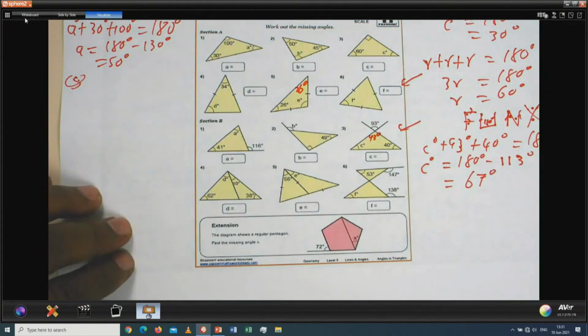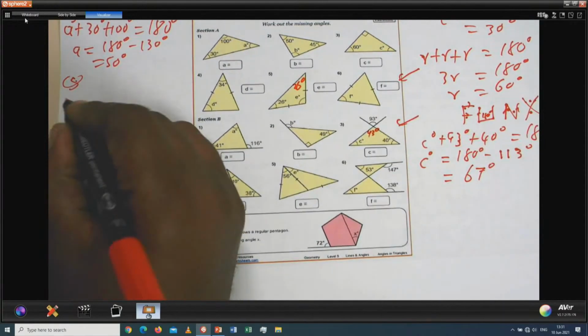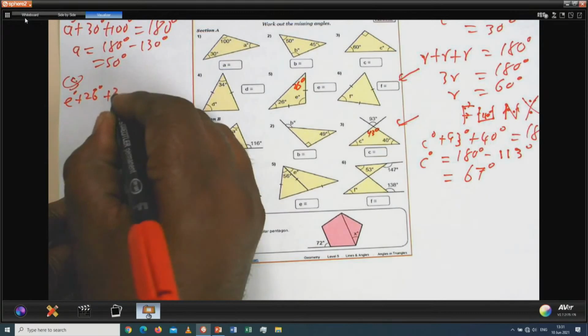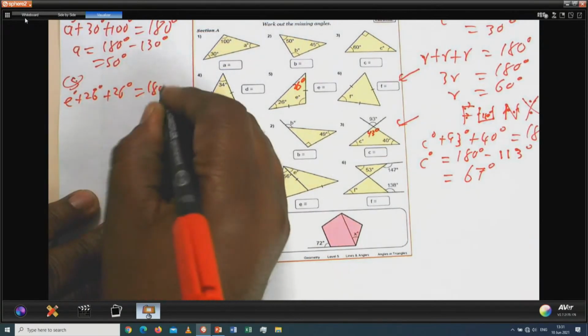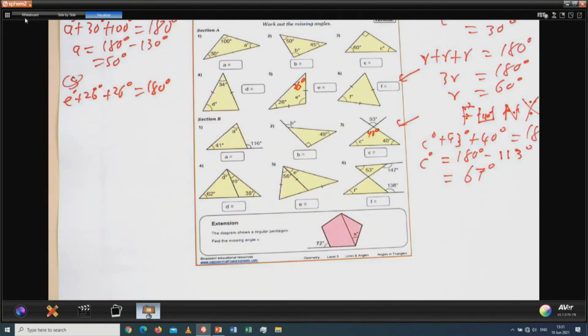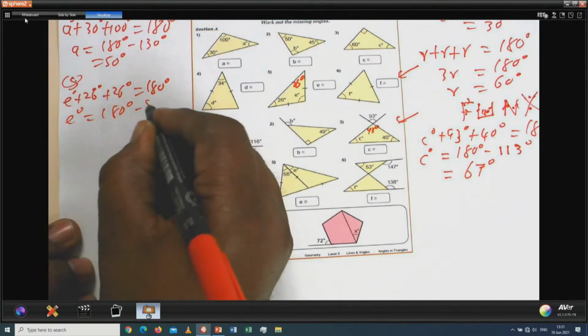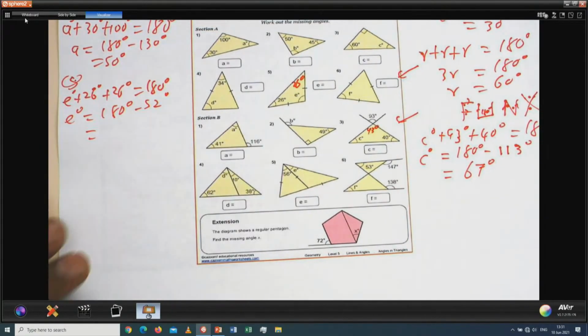Properties: you know for a fact that E degrees plus 26 plus 26 will be equal to 180 degrees. Because you know it's an isosceles triangle, property number 1. Property number 2, when you add all of them, 180. Therefore, E is equal to 180 degrees minus 52 degrees. Therefore, it's important to learn the properties. Even if you learn them one by one, it takes long, but know some.